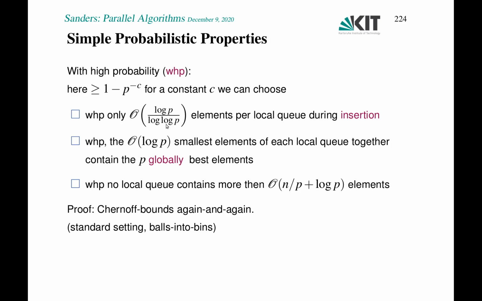Also, if you look for the p globally best elements, it suffices to look among the order log p smallest elements in the local queues. And we have some load balance with respect to the number of elements n, namely each queue will contain order n over p plus log p elements. All of these things can be shown using Chernoff bounds, but I'm not going into that.